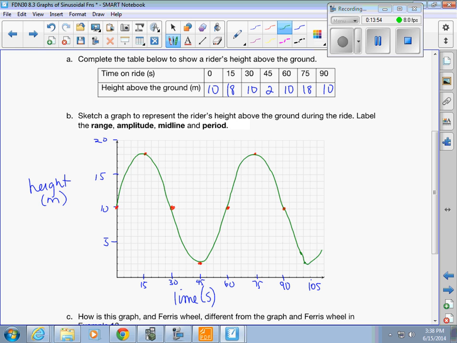So we want to know the range for this. Range is your maximum minus your minimum. So 18 minus 2, which is 16. So it's the set of values for y such that y is between 2 and 18.